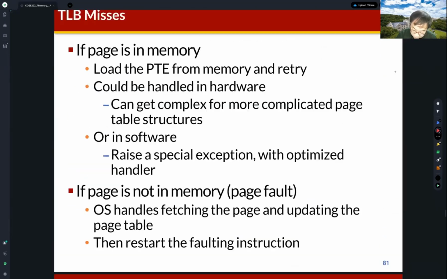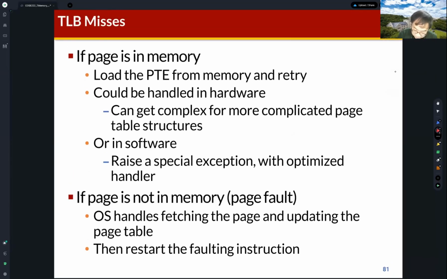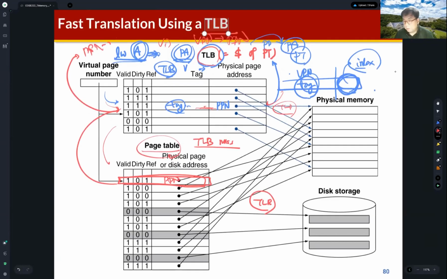So I explained the TLB hit case and the TLB miss case. For a TLB miss, the page table is also accessed, and if the target page is invalid, this is the page fault, right?